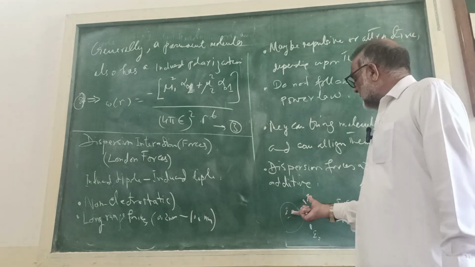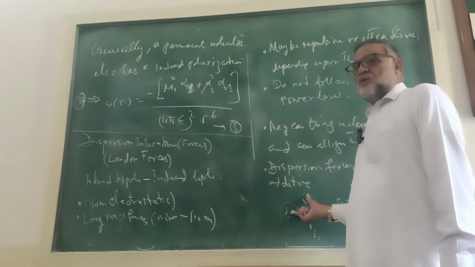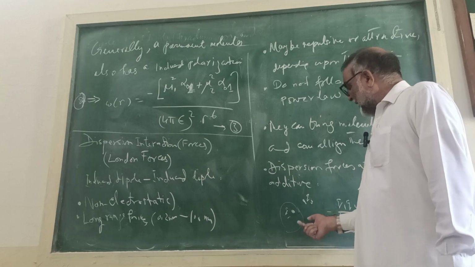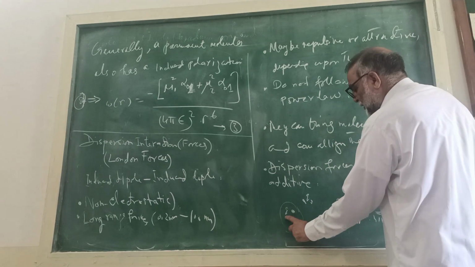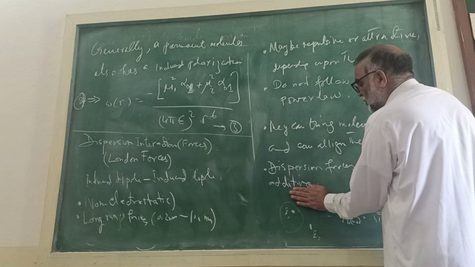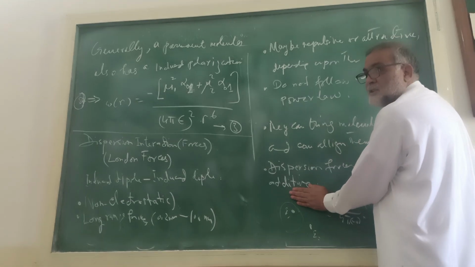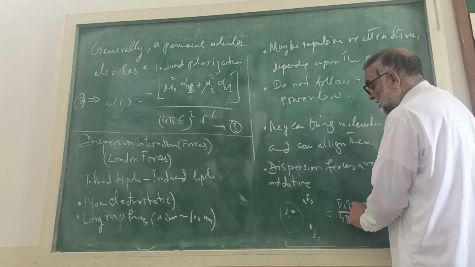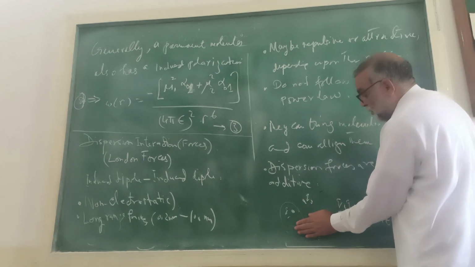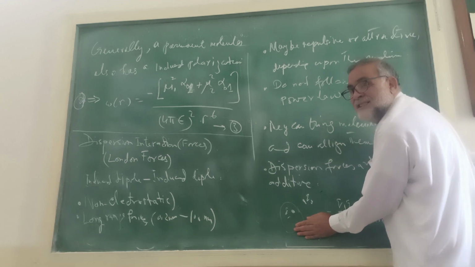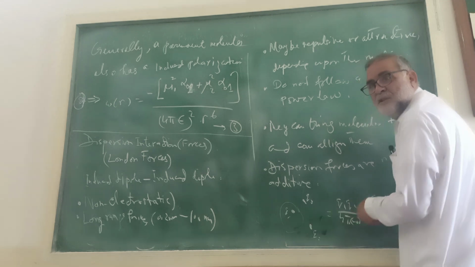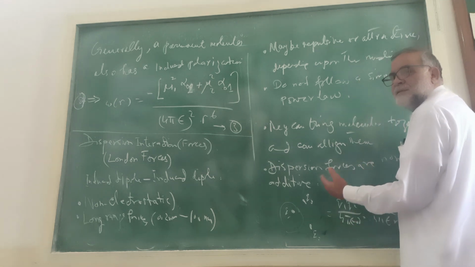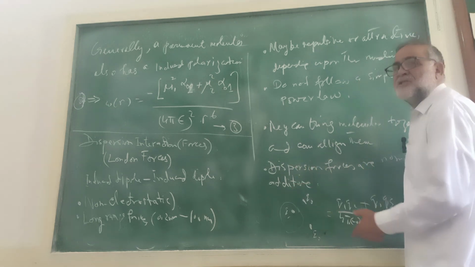You add the effect between these two without considering the third, and the effect between these two separately. That is superposition, that's the meaning. So this is called forces additive in nature.